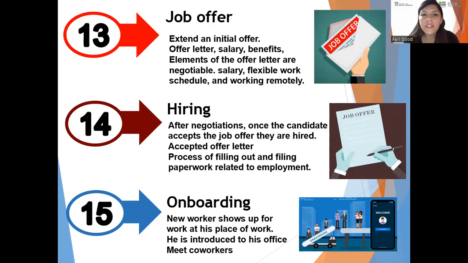It's an official offer letter that includes the salary, the benefits, and all the elements that they offer. Sometimes these can be negotiable, such as the salary, the flexible work schedule, and working remotely. But not all the elements are negotiable.